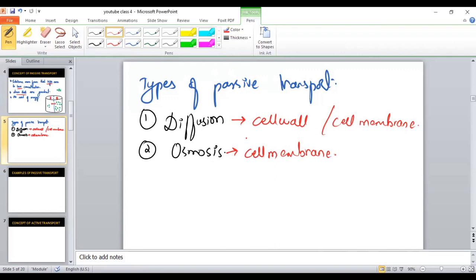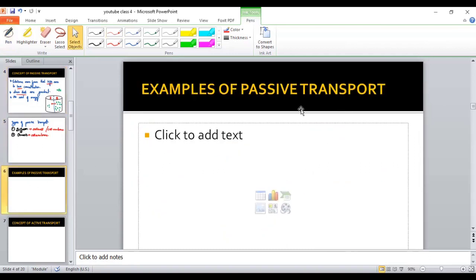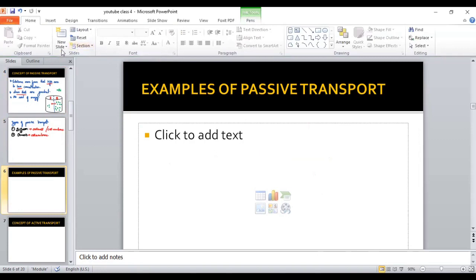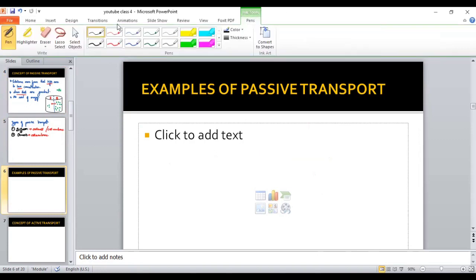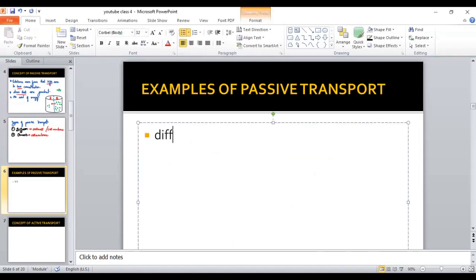For this, the concept is clear: substances move from high to low concentration, down their concentration gradient, and no energy is needed. There are different examples of passive transport. Diffusion of gases, where oxygen moves in and carbon dioxide moves out of our body, is an example.